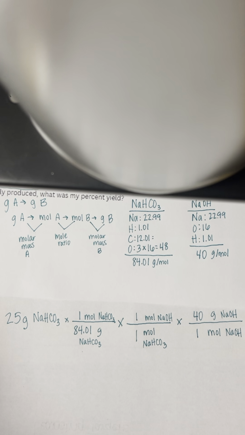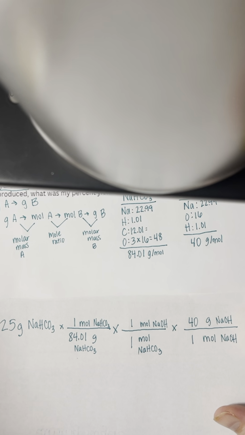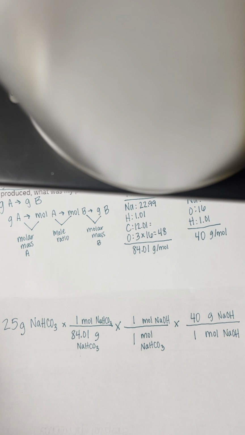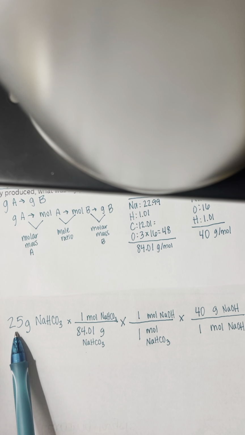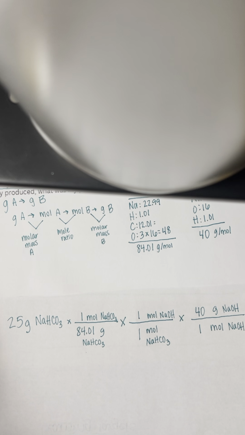So now that we have this grams to grams conversion set up, we're going to do the math. The easiest way to do the math is to multiply everything on the top and then divide it by everything on the bottom. So we have 25 times 1 times 1 times 40. So 25 times 40, which is 1,000.